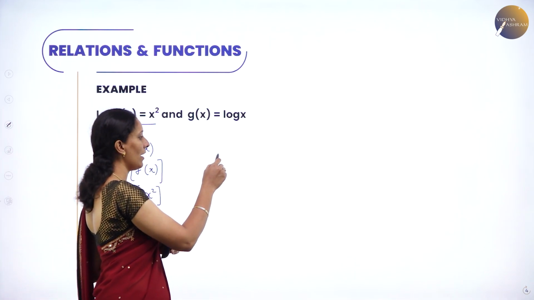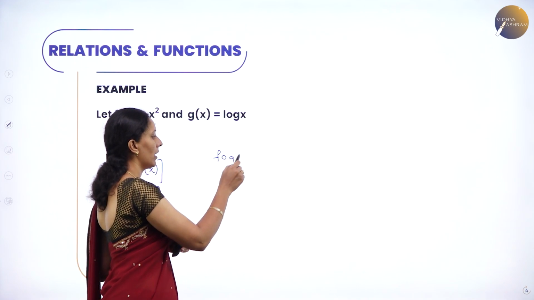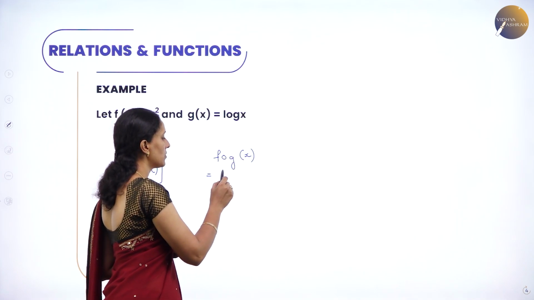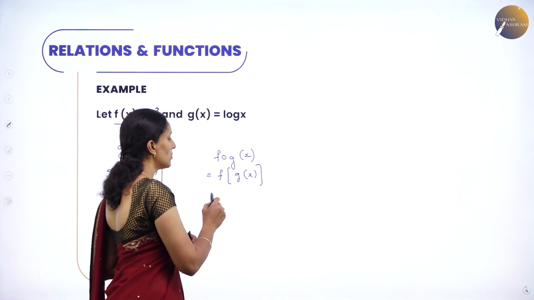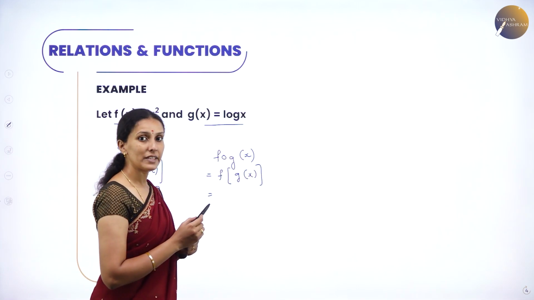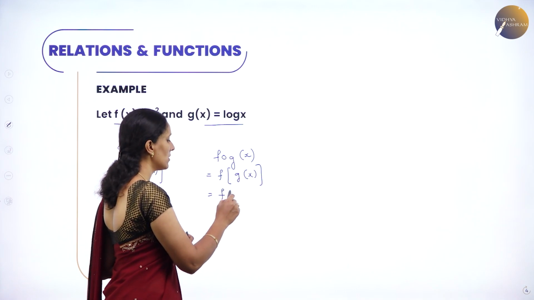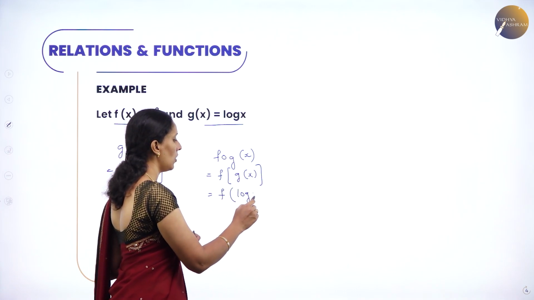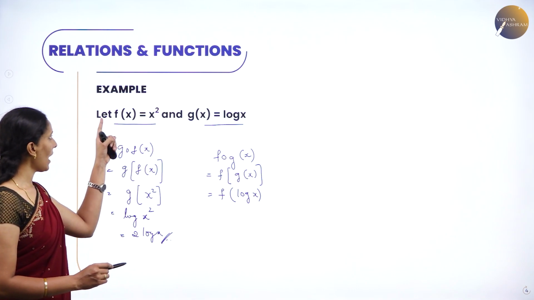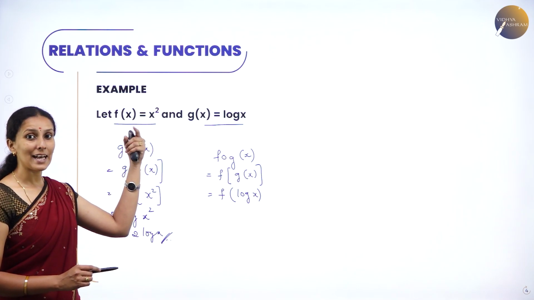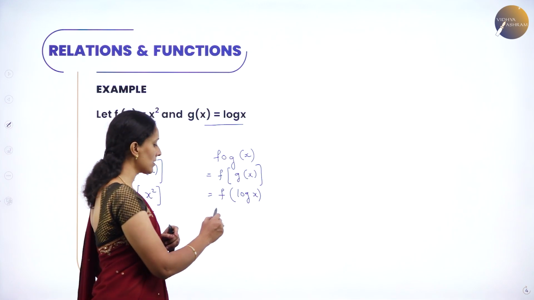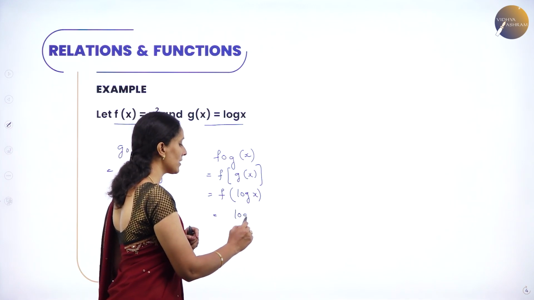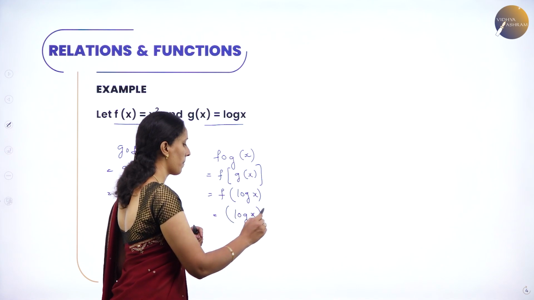Let us consider f naught g. F naught g of x, which is nothing but f of g of x. So what is g of x? G of x is nothing but log x. So we'll write here log x. Now suppose if we have f of x, we write it as x square. So in the place of x, here we have log x. So this becomes log x whole square.